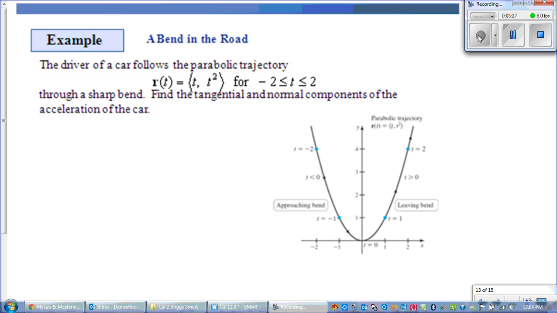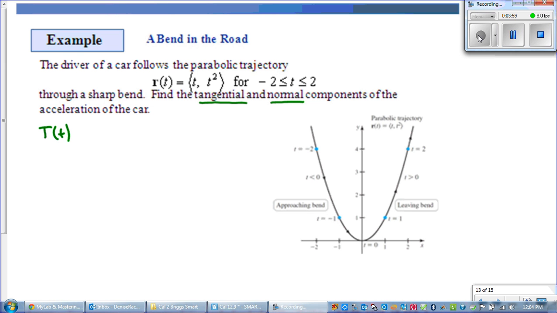Okay, let's say that we have a driver of a car that's following a parabolic trajectory. So the curve is this parabola given by r of t equals (t, t squared), for t from -2 to 2. I want to find the tangential and the normal components of the acceleration. So first, to find the tangent portion, let's find T of t first.